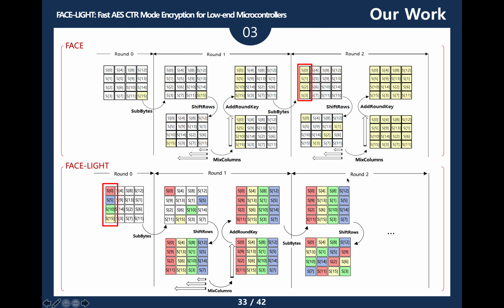Now, if we take a look at the first column of round 2 in the phase, we can see that the first column got affected by the counter value S15. Now, in the phase light, the first column of round 0 is the counter value, since we have rearranged the initial vector to have the counter value in front, while the phase has the counter value in the back, like this part.